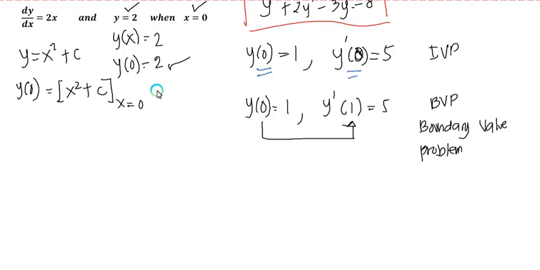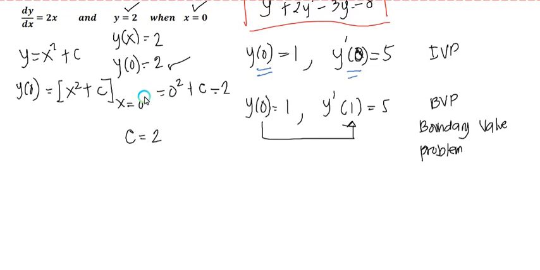I will substitute 0 for our x, so we have 0 squared plus c. Then I equate it to 2, as given: 0 squared plus c is equal to 2. That means, since 0 squared is just 0, c is equal to 2. This is the value of our arbitrary constant c.